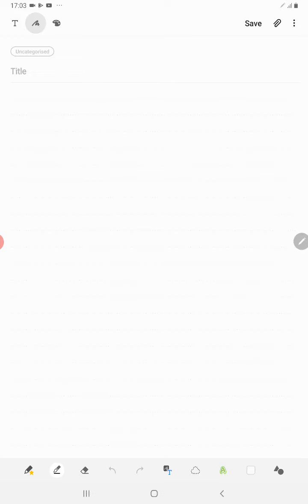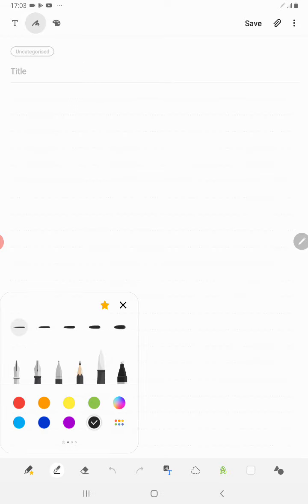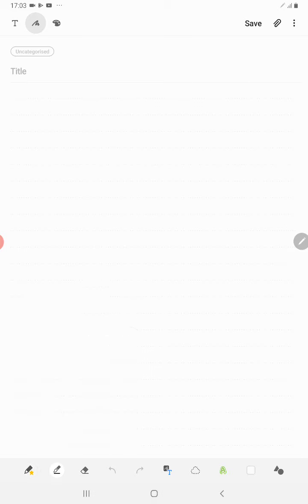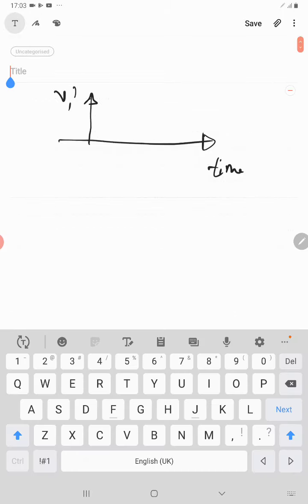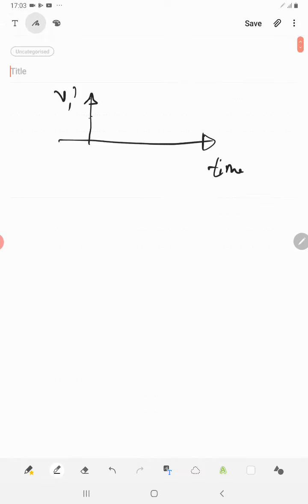So if we draw, let's assume this is time, and we have a voltage here or current, voltage or I. Okay, in this case here, the value is constant, then this is DC.